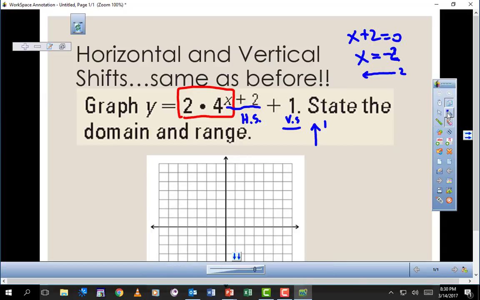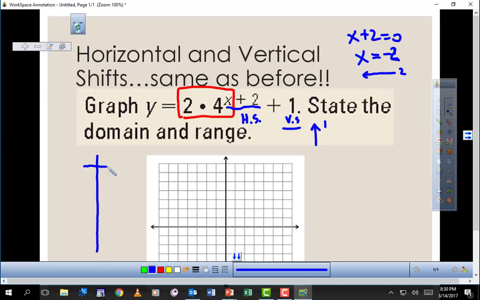So to do the first part, we typically just use some values here, and I'll show you how to do that real quick. Usually what we do is maybe start off with negative 2, negative 1, 0, 1, and 2.